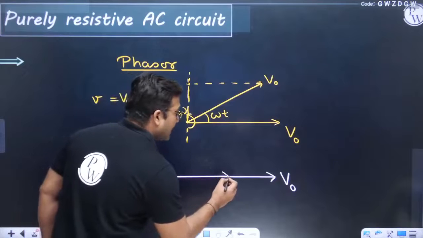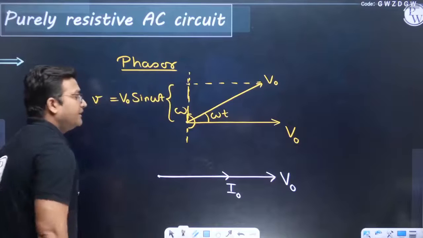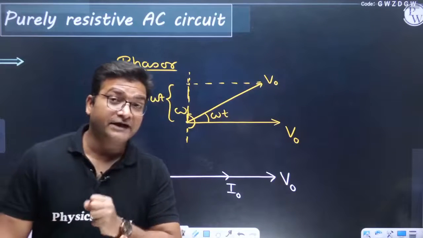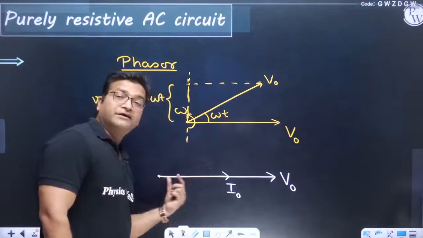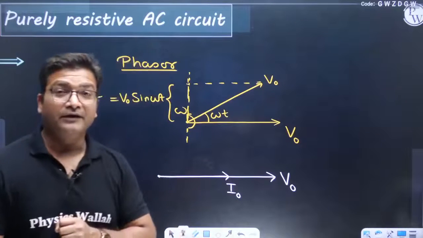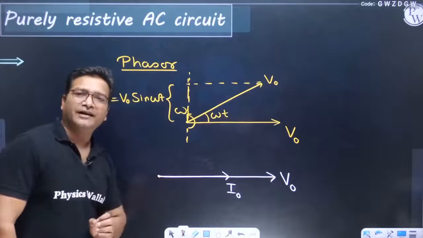There will be no angle between them. This represents the combined phasor of voltage and current. Always remember, the length of the vector should be equal to the maximum value of the alternating quantity, and the phase difference between the two is 0, so that is why they are overlapping.